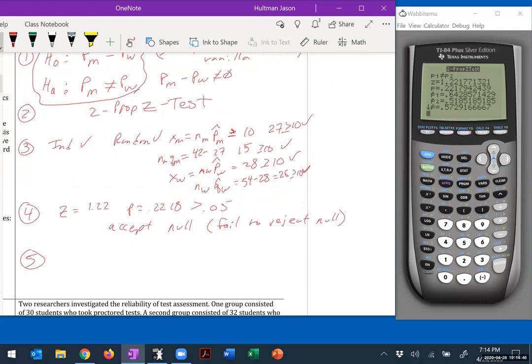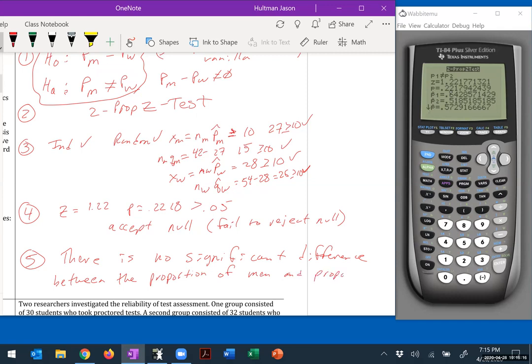Well, it tells me that there is no significant difference between the proportion of men and the proportion of women liking vanilla.